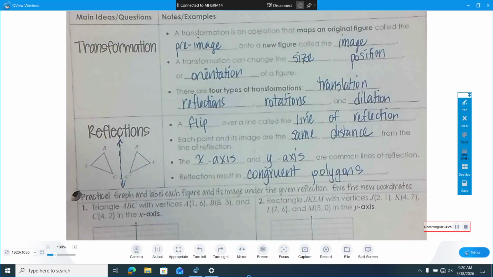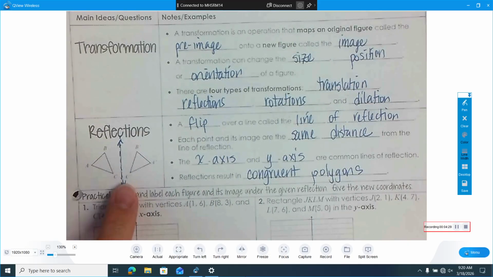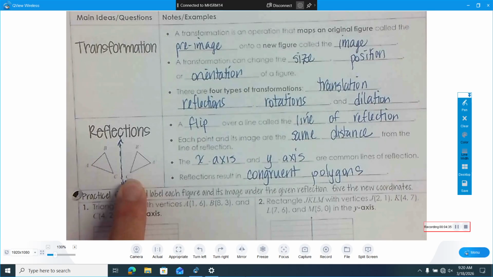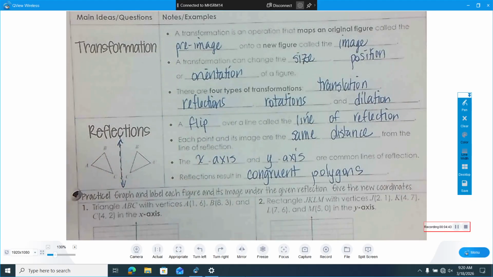Oh, we're really laggy today. That's awesome. Okay. You'll notice there are these little markings here. That is C prime, that little apostrophe up there. That is C prime, B prime, and A prime, okay? That is just what happens after we've reflected it. They get a new name, a slightly different thing, okay?